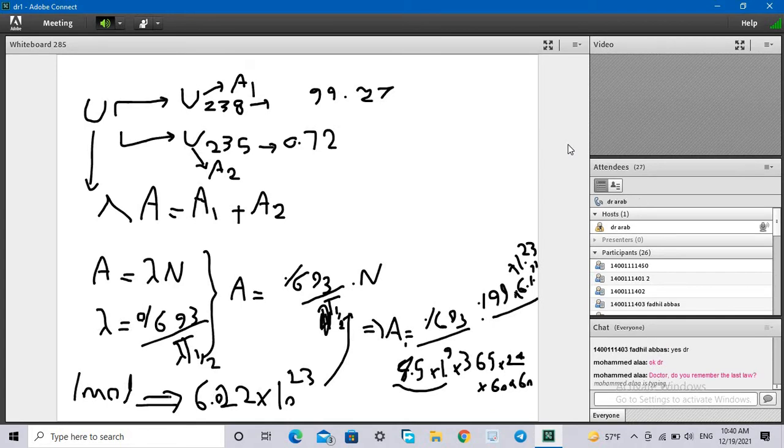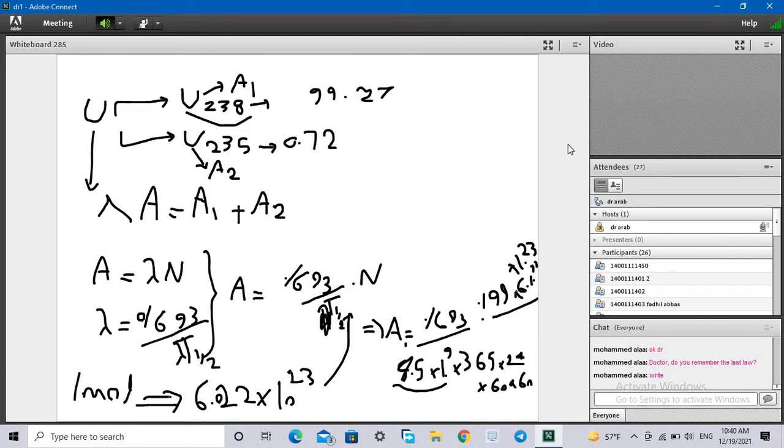The main point that you should know here is that uranium consists of uranium 238 and uranium 235. For calculating the total activity of uranium, at first we should calculate the activity of uranium 238, and then the activity of uranium 235, and with the sum of these activities we can reach the total activity.